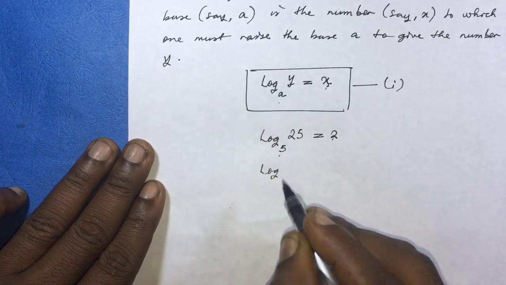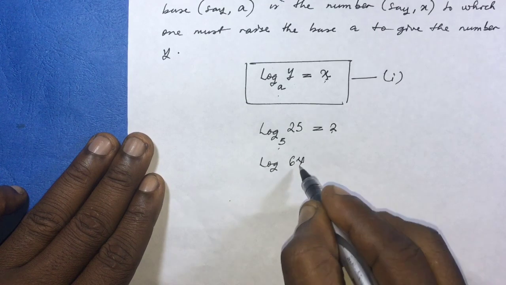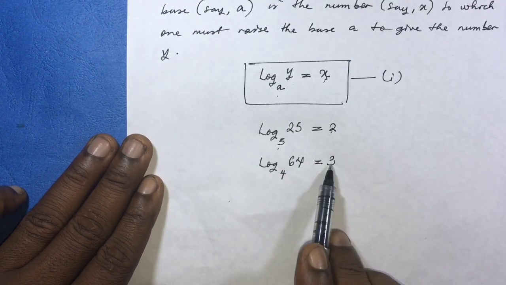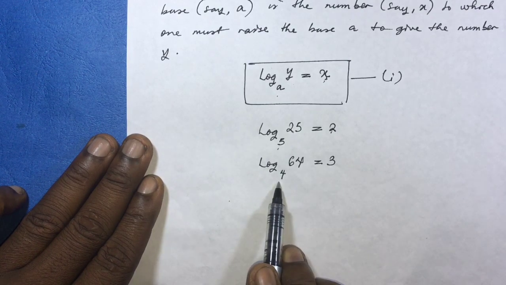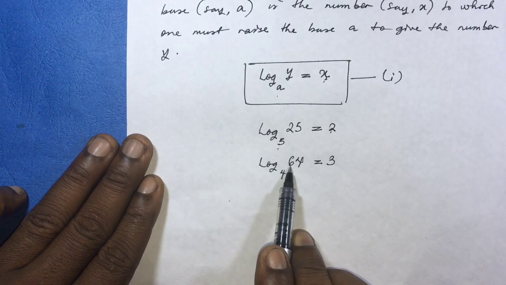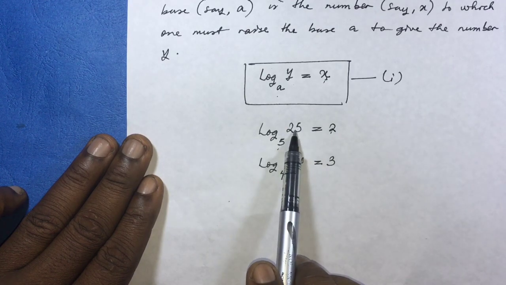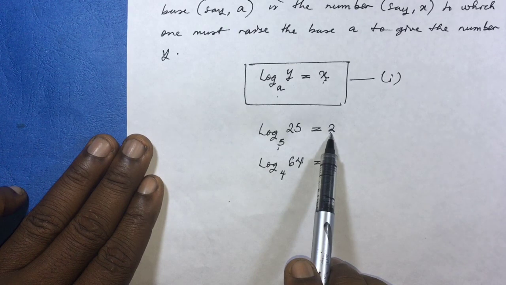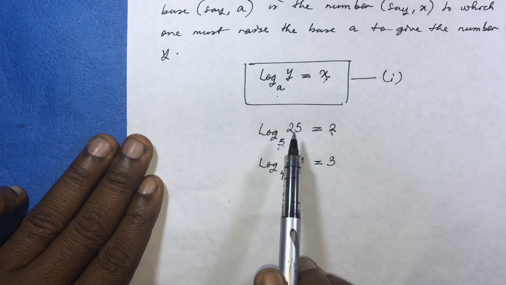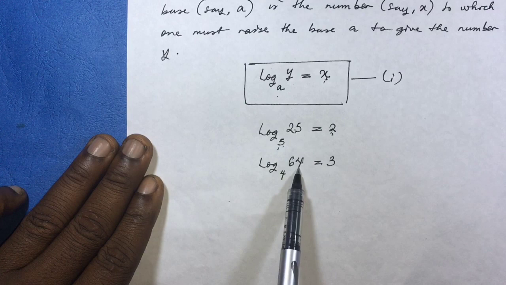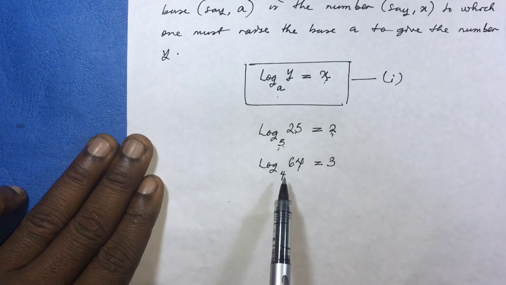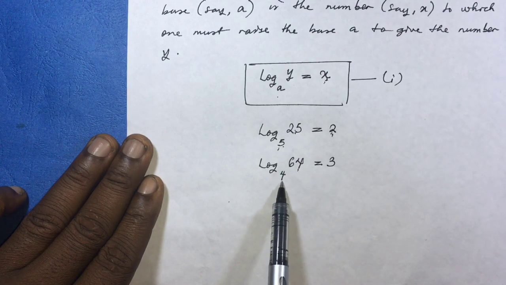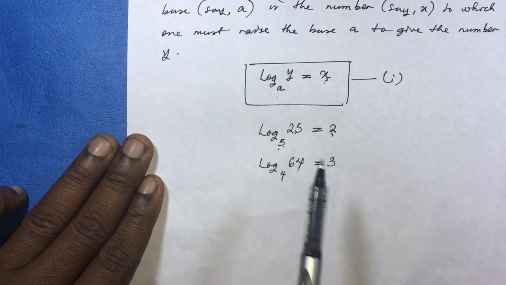Similarly, the logarithm of 64 in base 4 gives you 3 because 3 is the only number to which you would raise 4 to give 64.